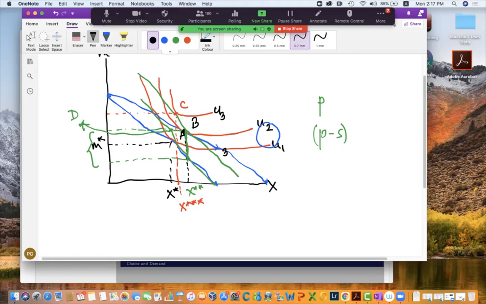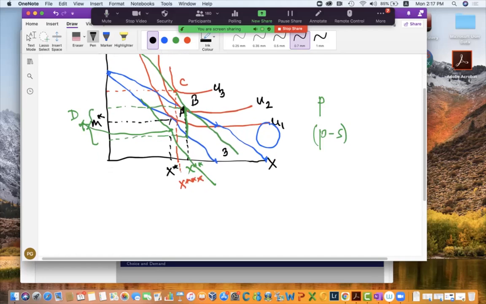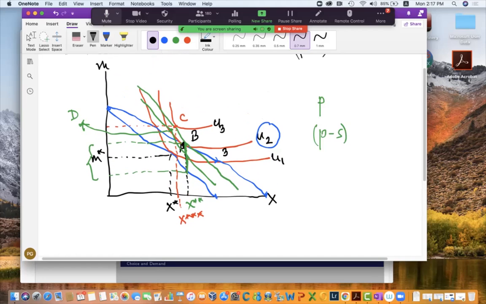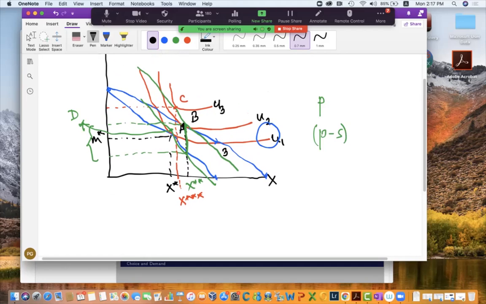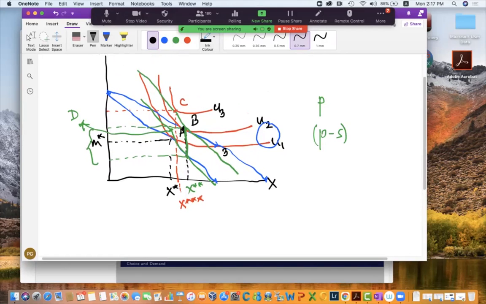Now, let me point out that... So one question, sir. In this diagram, why does the budget line have to pass through point B in the case of cash transfer by the government? It's not any odd cash transfer.